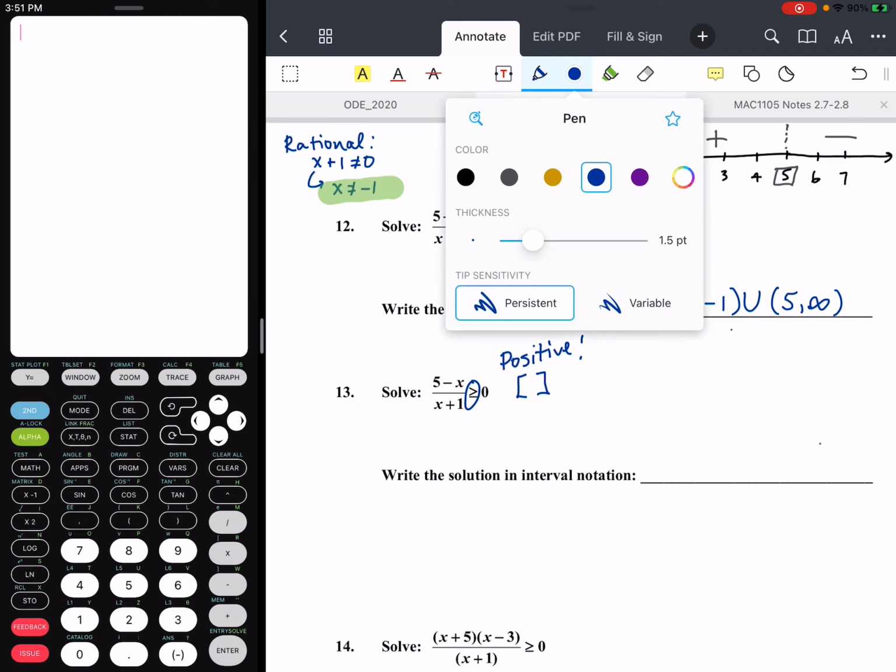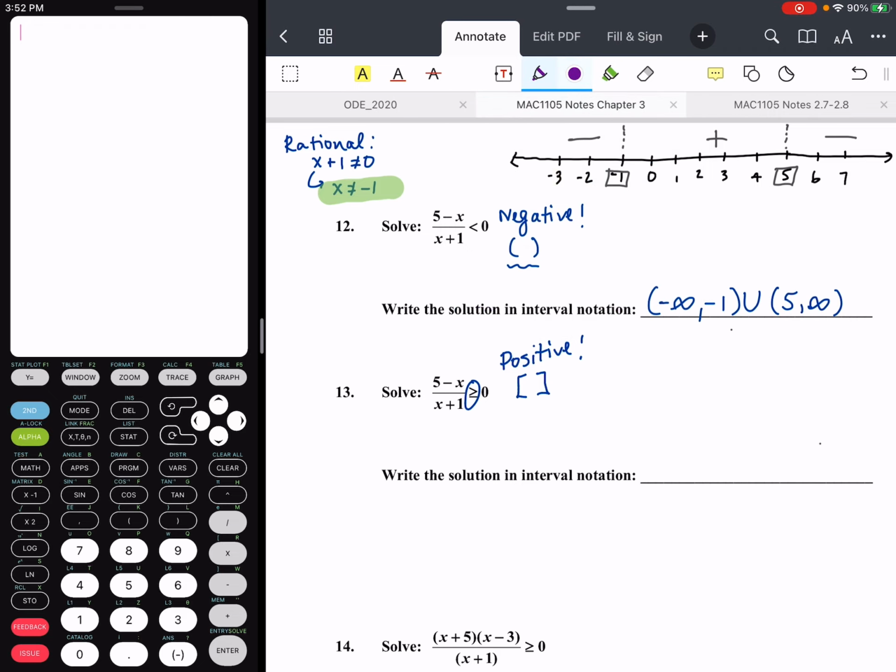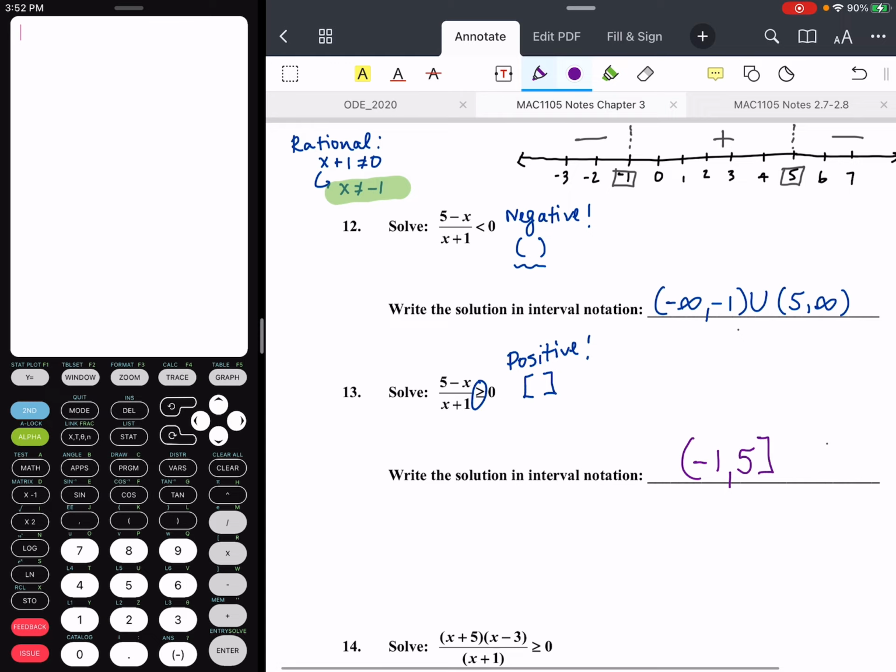So if I'm looking for the positive interval, that goes from -1 up to 5. At -1, normally I would put a square bracket, except x can't equal -1, so I have to put a rounded parenthesis there. But for 5, I can go ahead and put the square bracket.